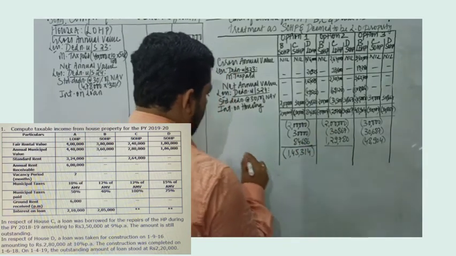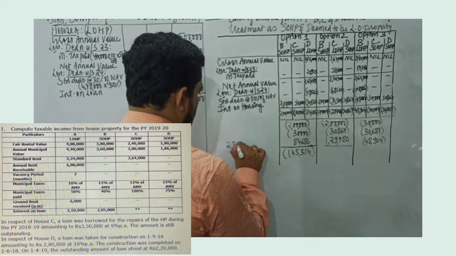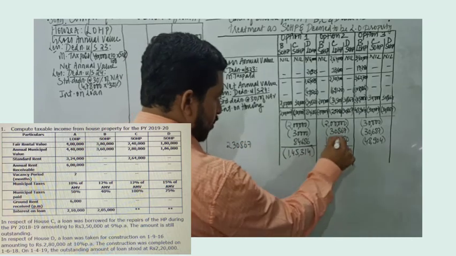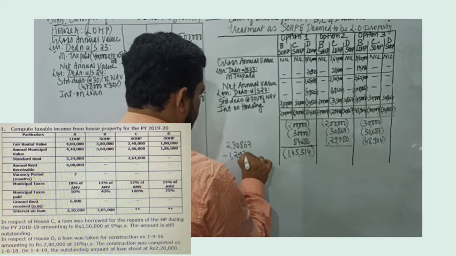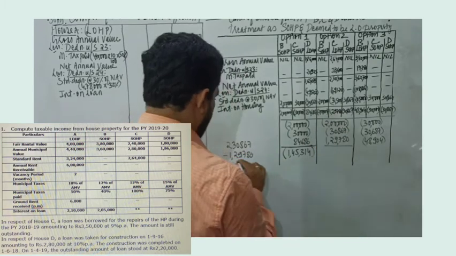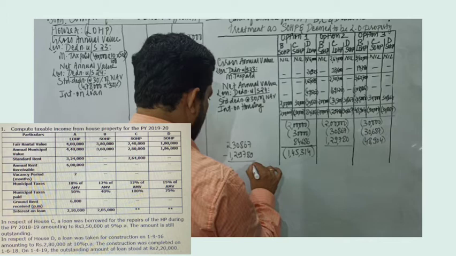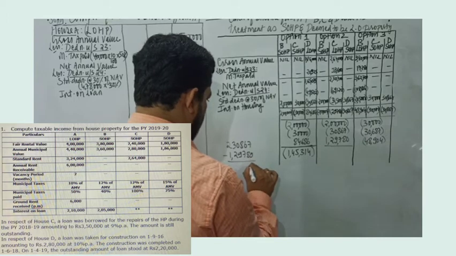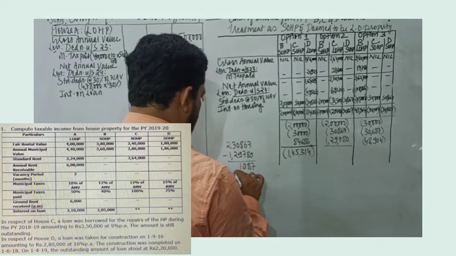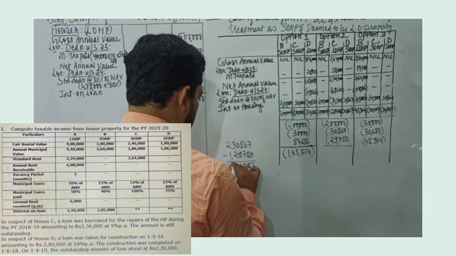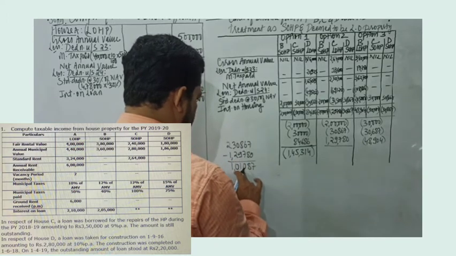It is 2,30,867, that's actually a negative value, minus 1,29,780, that is a positive value. So you get 1,37,867.